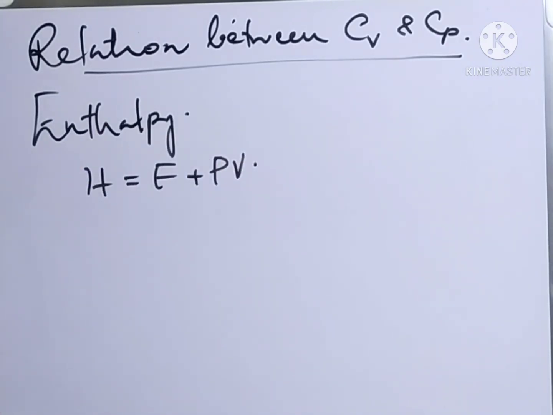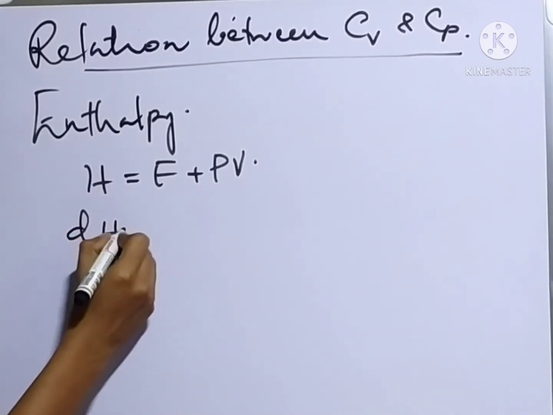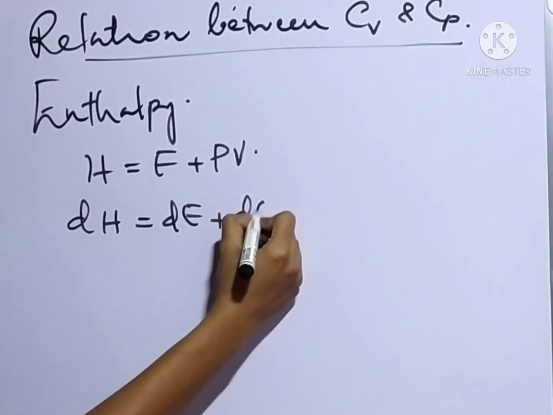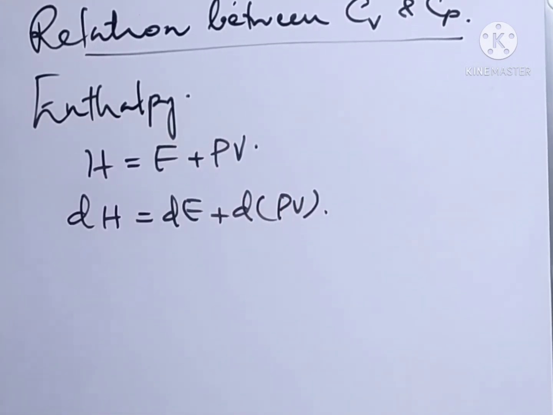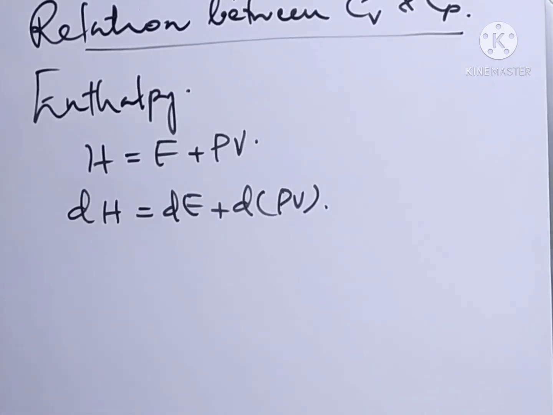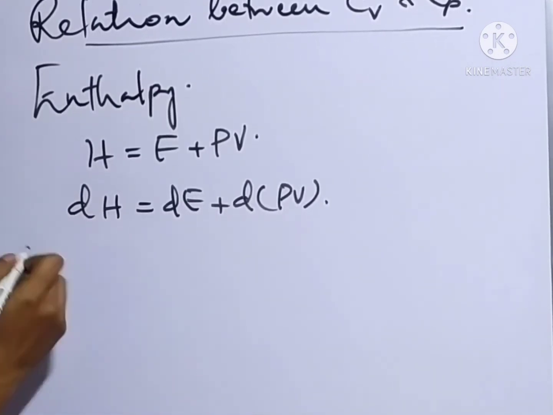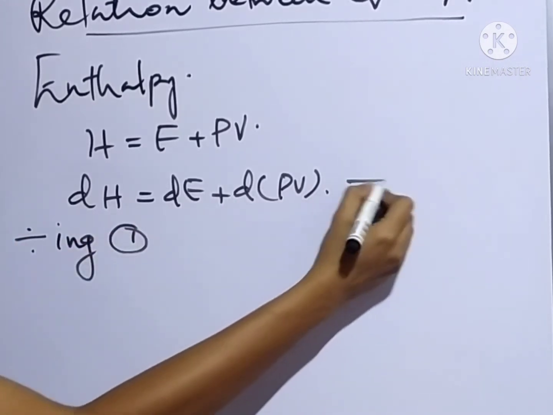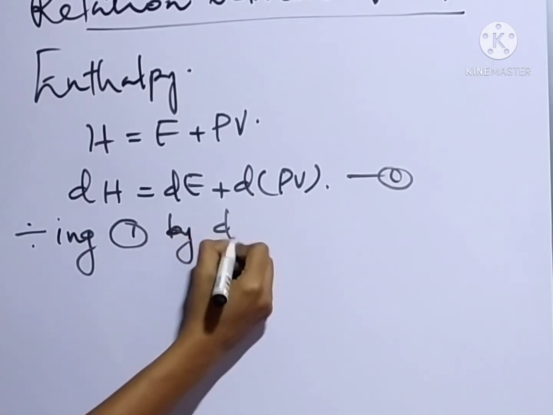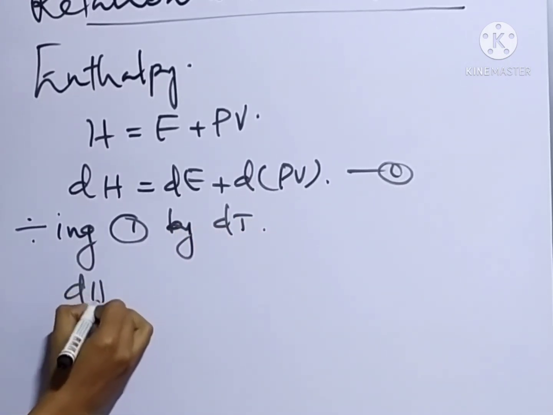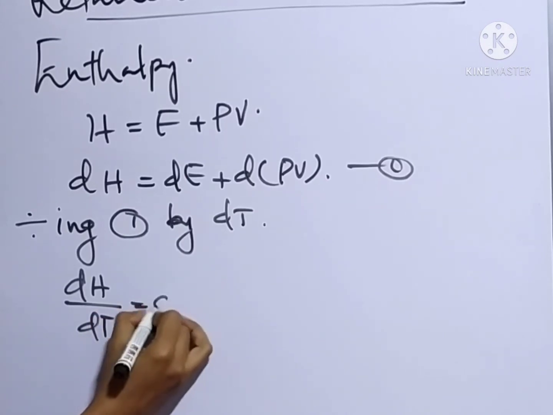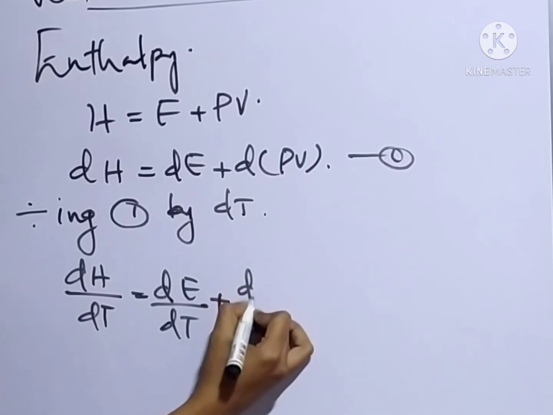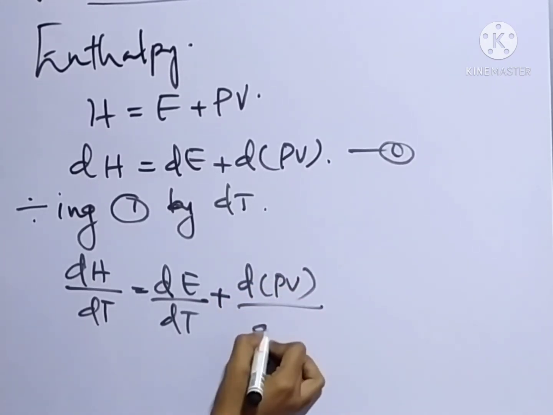If I take a smaller change, then I can write dH equals dE plus d(PV). I am going to divide the equation throughout by dT. So dividing equation number 1 by dT, we get dH divided by dT equals dE divided by dT plus d(PV) divided by dT.